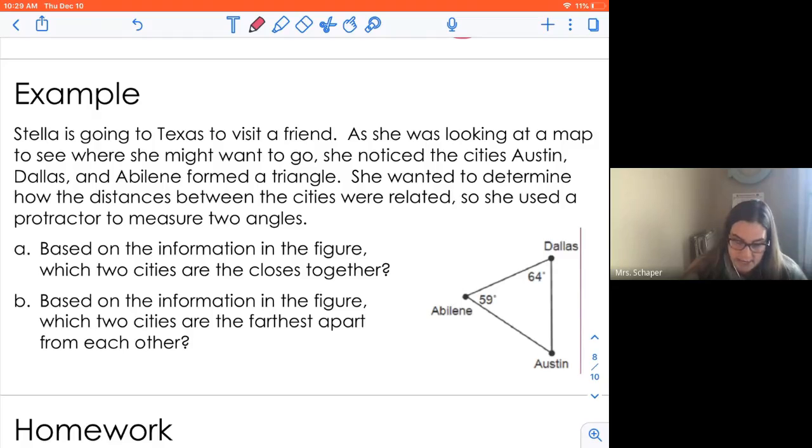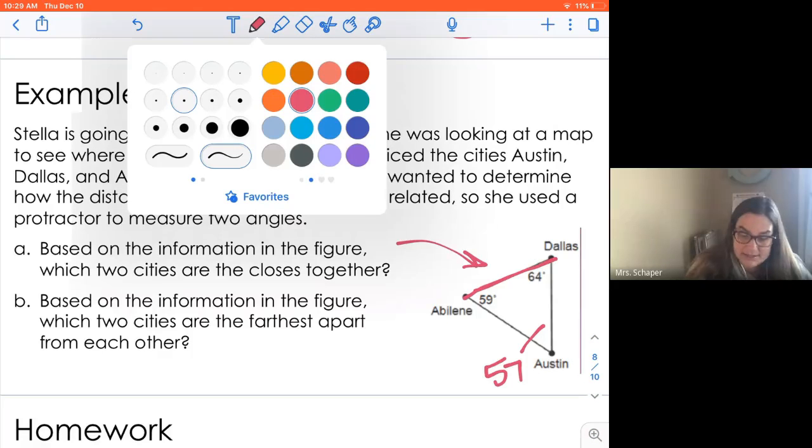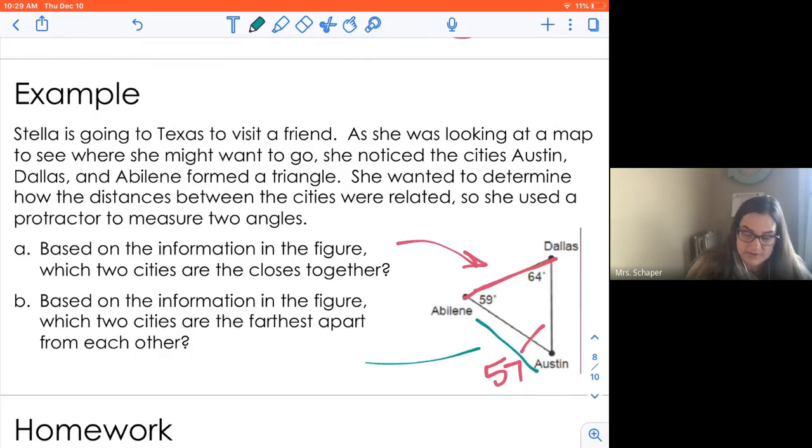So I'm going to take 180 minus 64 minus 59, and this is going to be 57 degrees. Which cities are the closest together? That would mean which ones have the smallest angle measurement opposite. So Abilene and Dallas are going to be the closest together, whereas Abilene and Austin are going to be the furthest apart.